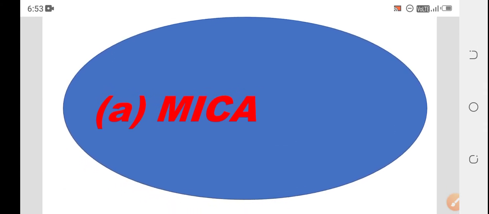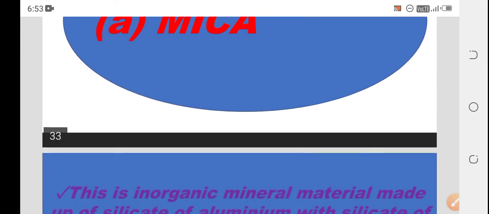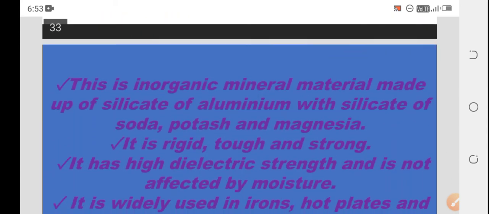First I'm discussing mica. This is an inorganic material made up of silicate of aluminum with silicate of soda, along with potash and magnesium.